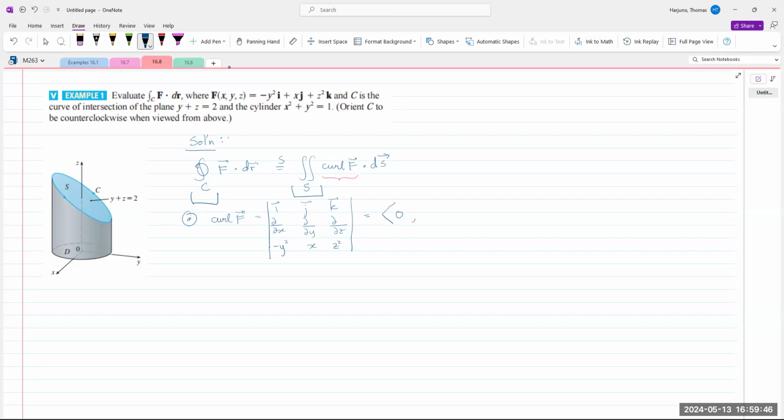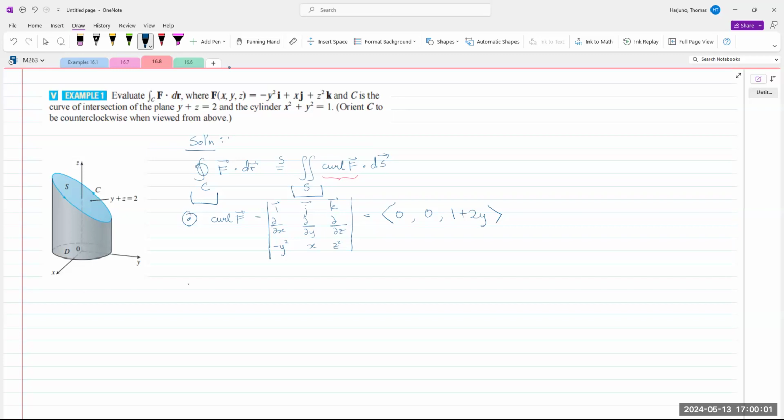The second component we also get 0. The third component we get 1 plus 2y, which is a lot nicer compared to the vector field itself, right?